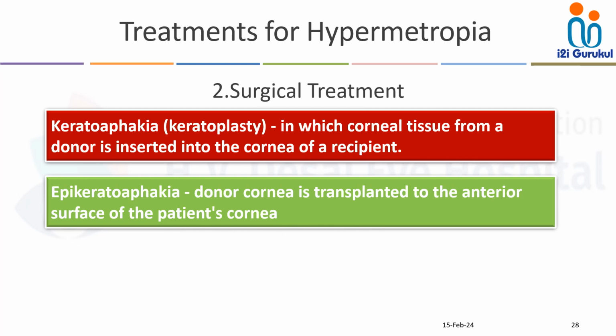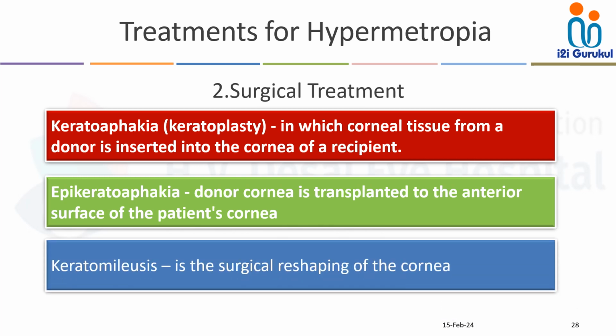It is a refractive surgical procedure in which donor cornea is transplanted to the anterior surface of the patient's cornea. And the third one is keratomileusis, the surgical reshaping of the cornea carried out in order to prevent or correct the refractive error. Okay, these are the surgical procedures to treat hypermetropia.